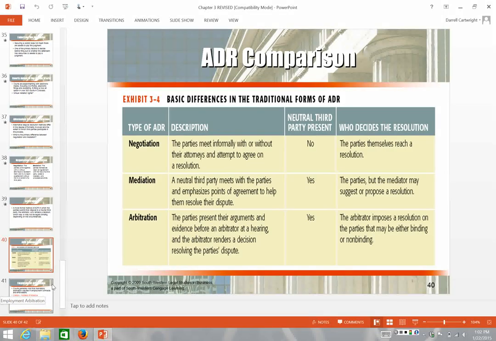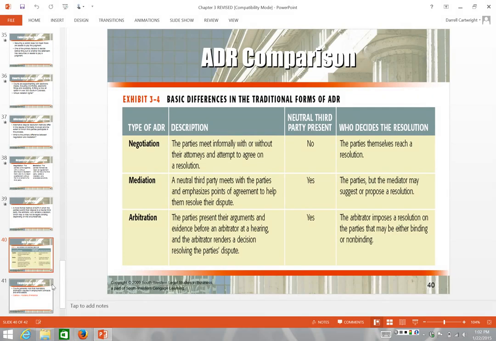There's a nice little form or exhibit showing the differences between negotiation, mediation, and arbitration. Negotiation can occur with the parties, it can occur with the attorneys, it can occur at really any time. Mediation and arbitration both are similar in the sense that they use a third party to help resolve the dispute.